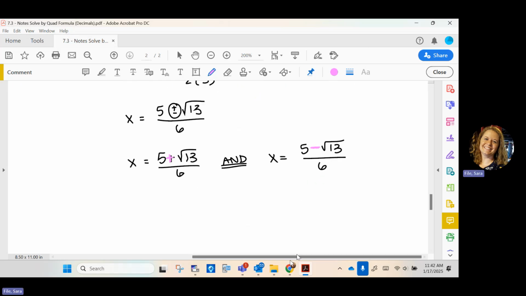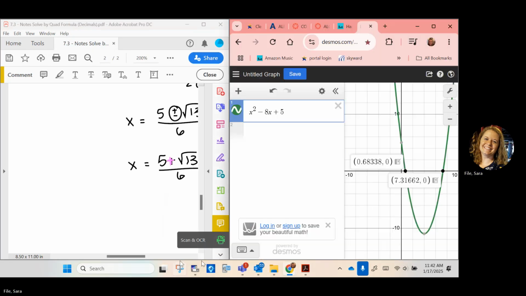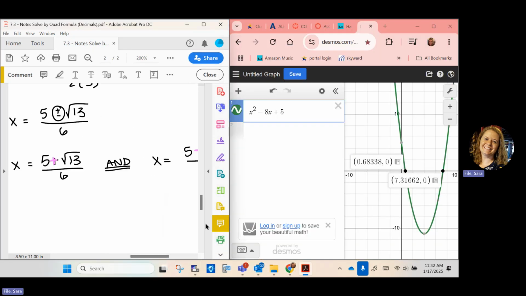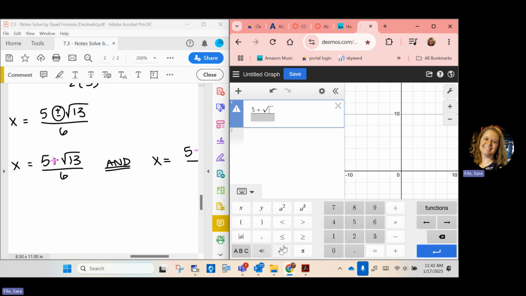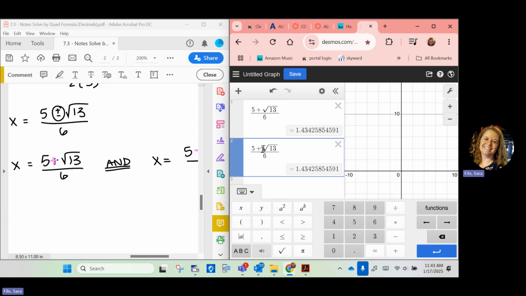We have to calculate both. So I'll pull up Desmos again. And I type that just like I see it. So x plus the square root of 13 over 6. And then you can rewrite it on the next line or copy and paste and change it to a minus. And these are my 2 decimals.